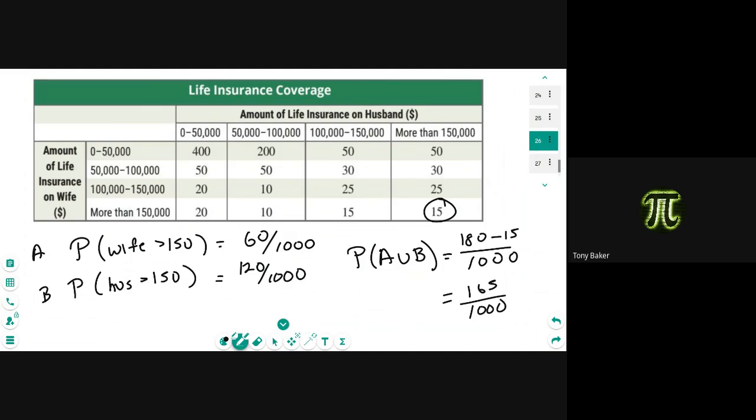Yes, 510 over 1,000. So you can start to see how we use those probabilities. All right, we're done for today.